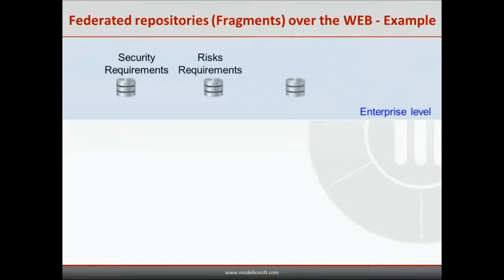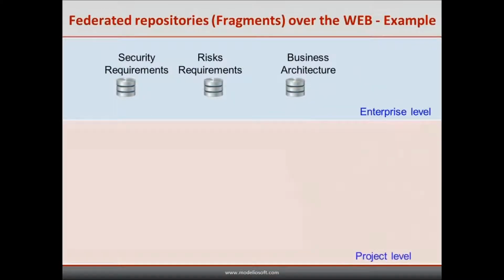So one other aspect of Modelio, I already mentioned it, is the support of federated repositories through the worldwide modeling technology. And we will see here a small example to see what we can get. Just imagine a very large company, and this company has requirements defined at the company level. So we have security requirements, risk requirements, and business architecture requirements.